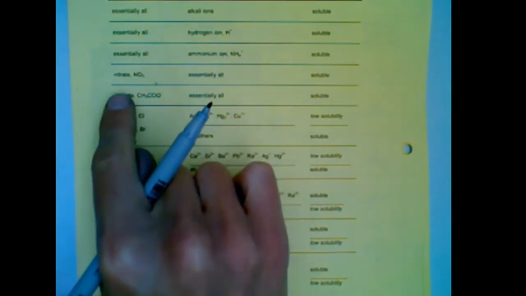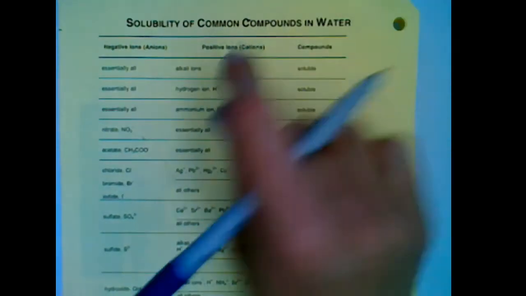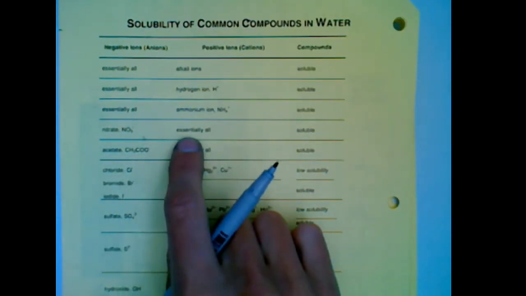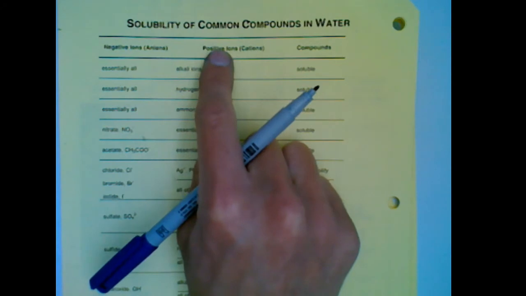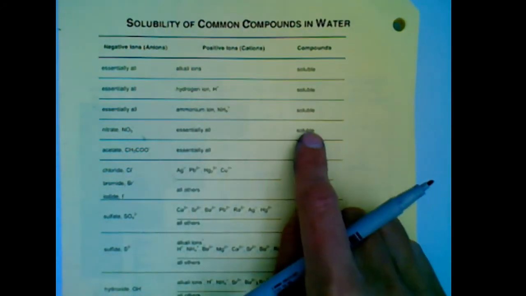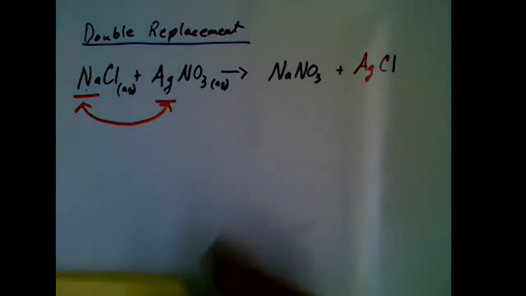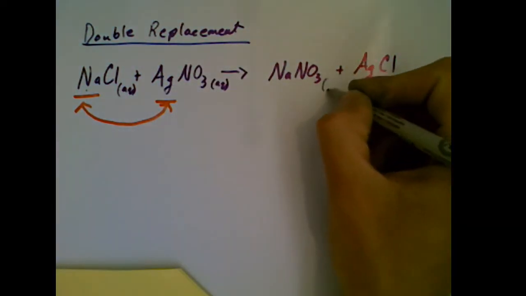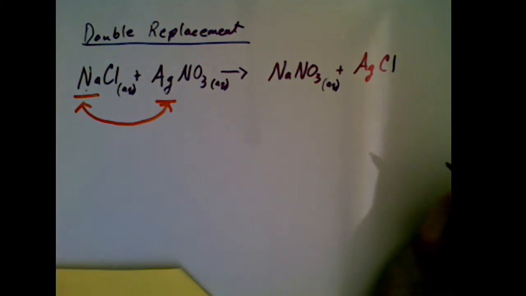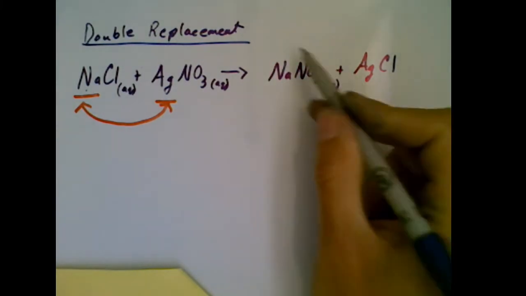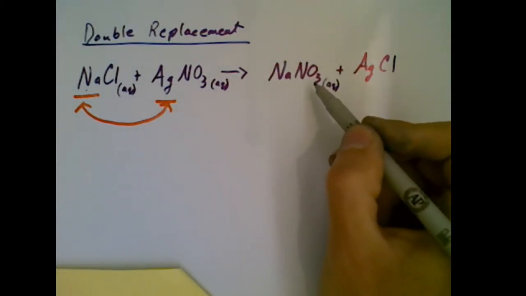So I want to find my negative ion, nitrate, NO3. When it is combined with any positive ion, it will be soluble. That's another way of saying it will be aqueous. So this will actually stay dissolved in the solution.